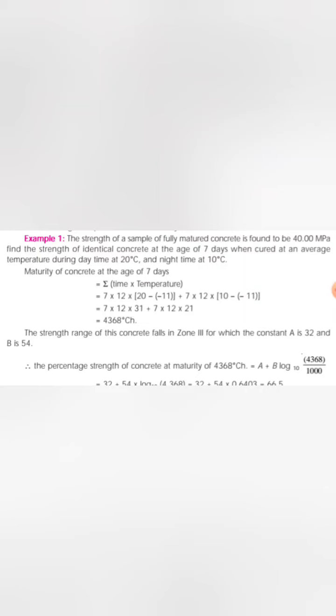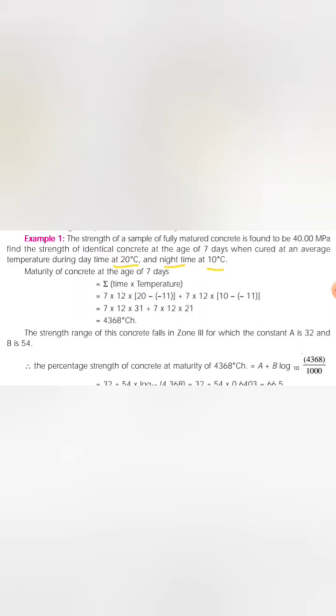Example 1: the strength of a sample of fully matured concrete is found to be 40 MPa. Find the strength of identical concrete at the age of 7 days when cured at an average temperature of 20 degrees Celsius during the daytime and 20 degrees Celsius at night time.